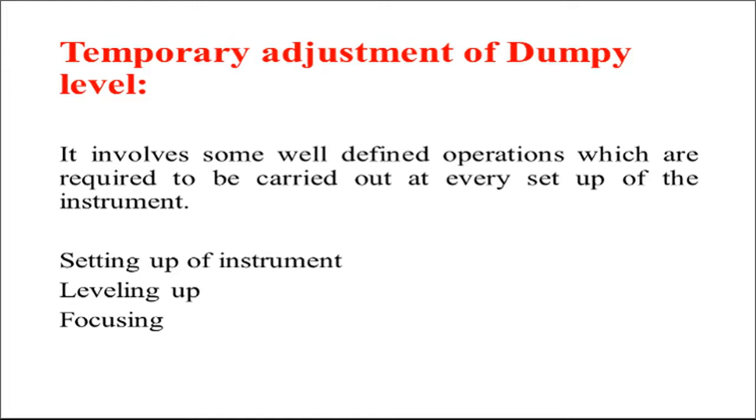When we start the leveling work, at the first station we have to do all the temporary adjustments. Whatever the number of stations or change points we select, at every setup we have to go for temporary adjustment of the dumpy level. This includes setting up of the instrument, leveling up of the instrument, and focusing of the instrument for proper readings. We will see these one by one.